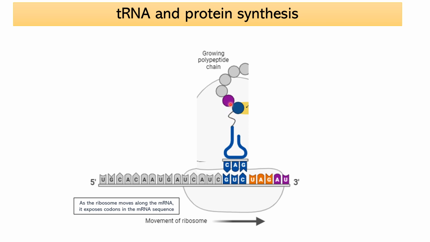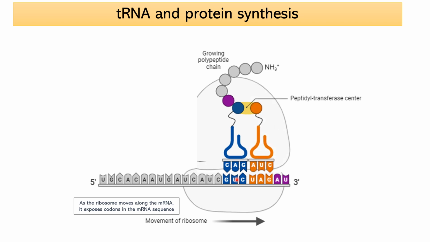And this is a growing polypeptide chain. When that tRNA identifies this codon, a new tRNA will come in as well. So now there are 2 tRNAs within the large subunit of the ribosome, and this polypeptide chain will be transferred to the new tRNA.